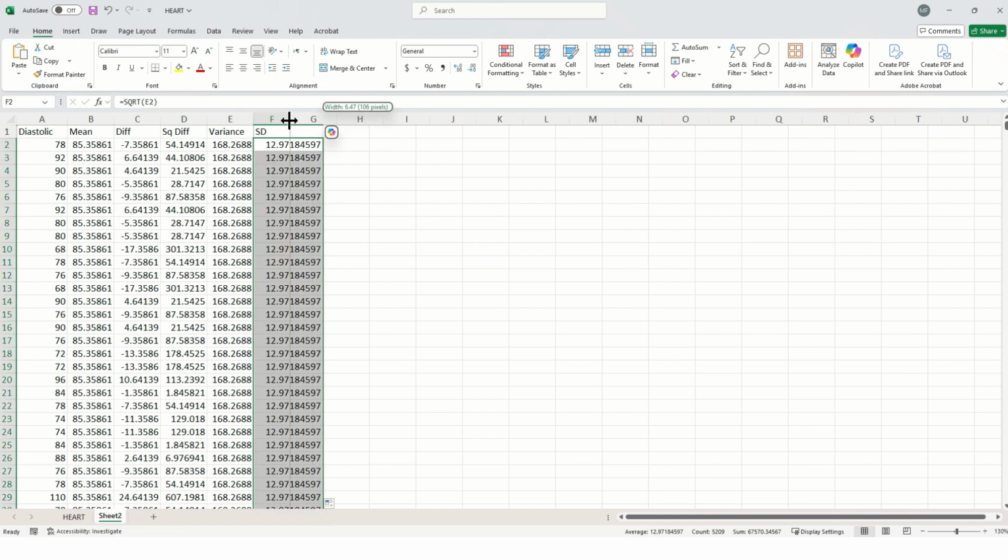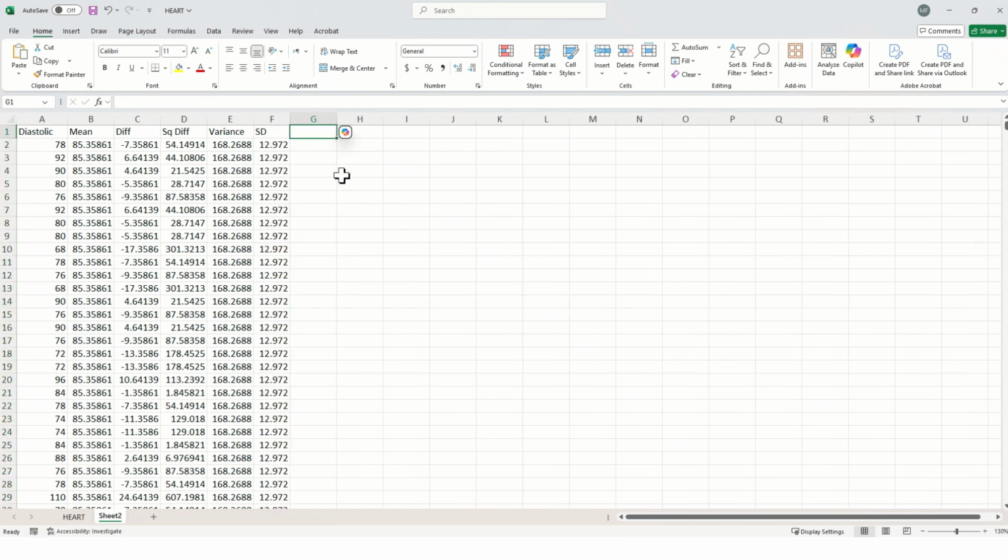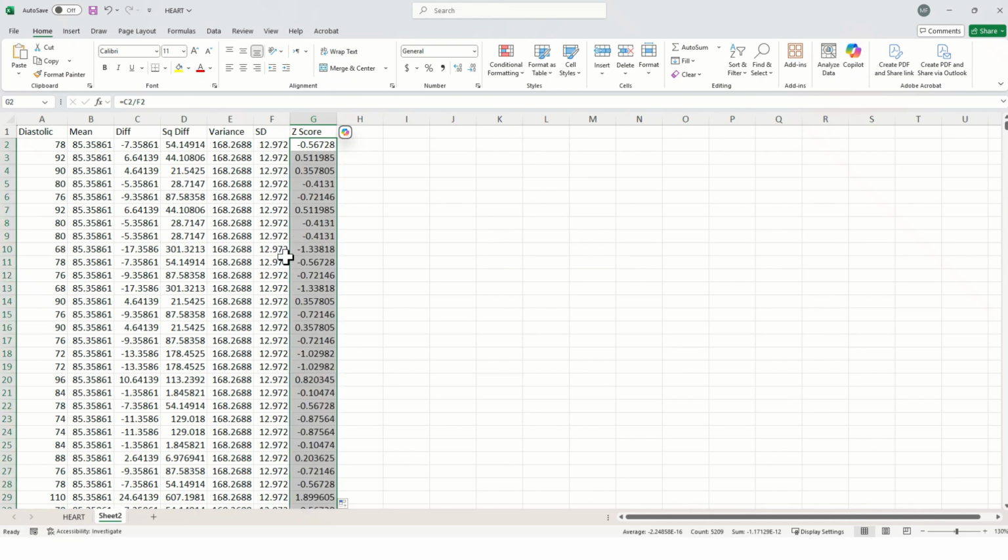Okay, in column G we are going to calculate the z-score. It is simply the difference divided by the standard deviation. Okay, and then we are going to fill it in all the cells underneath.